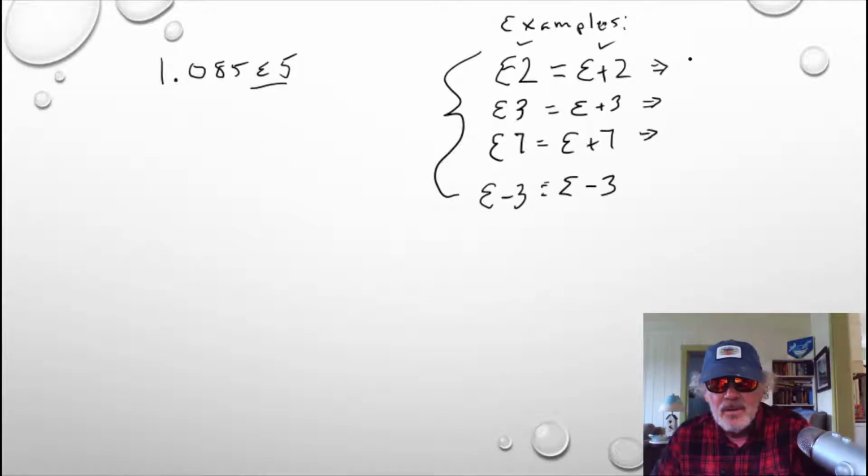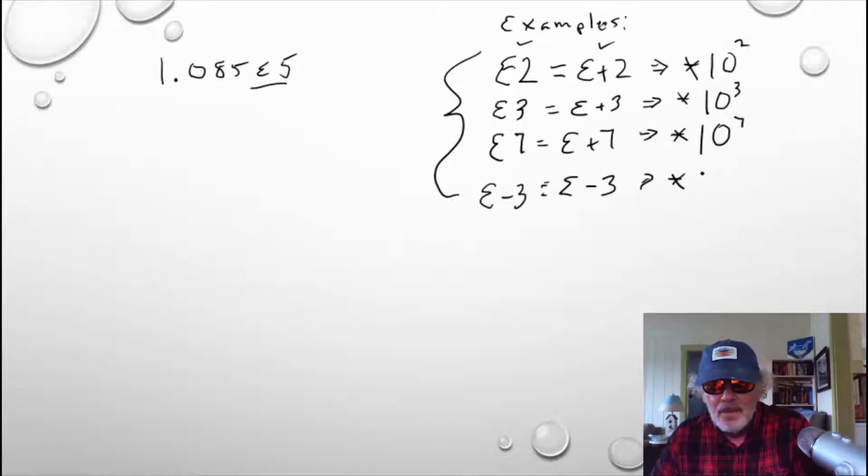E2 means multiply the number by 10 raised to the second power. E3 means multiply the number by 10 raised to the third power. E7 means multiply the number by 10 raised to the seventh power. And E negative 3 means multiply the number by 10 raised to the negative 3 power.